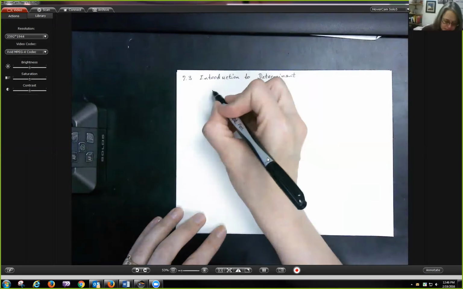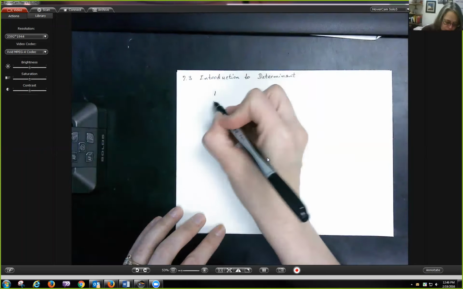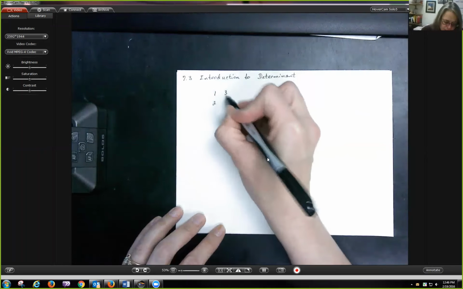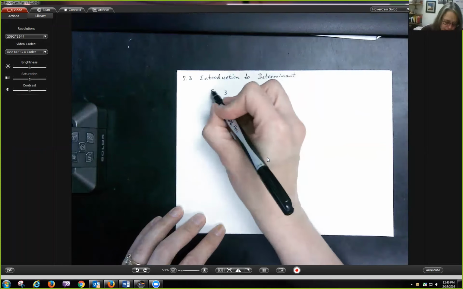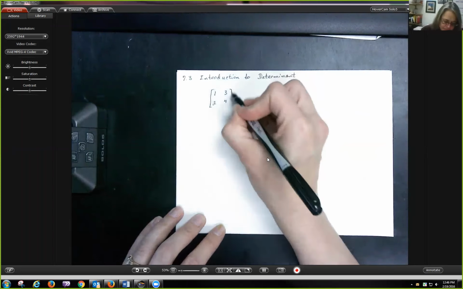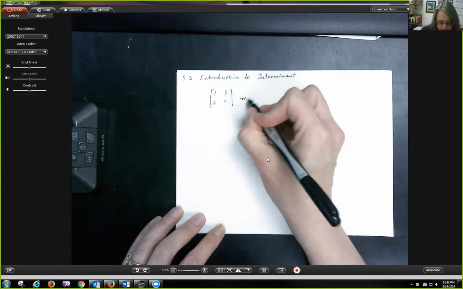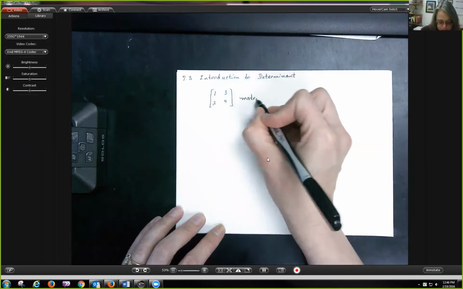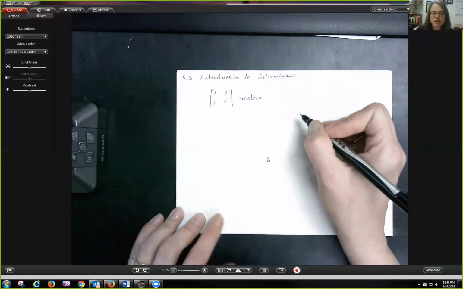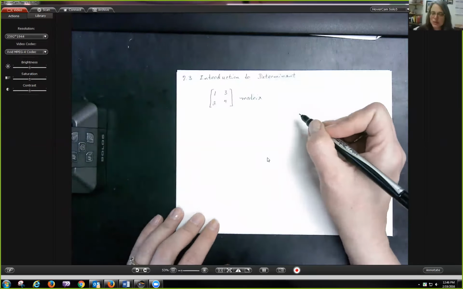For example, 1, 2, 3, 4. If I put it in big brackets, that's a matrix. Matrices can come in almost any shape. We're going to work with mostly square, and we'll talk about those as we go, or augmented, and we'll talk about that too.